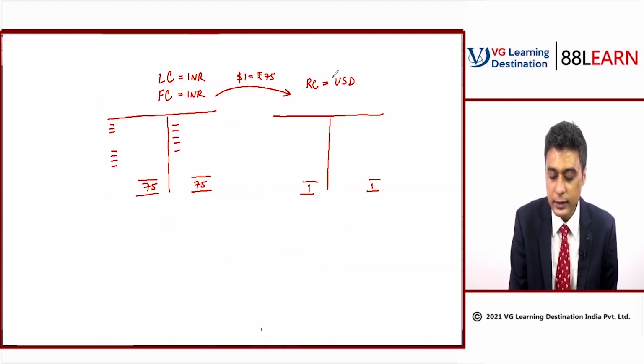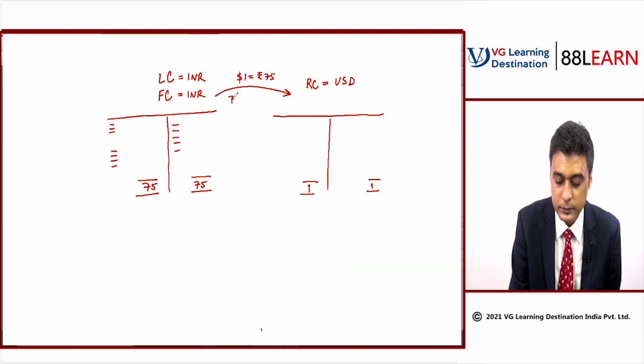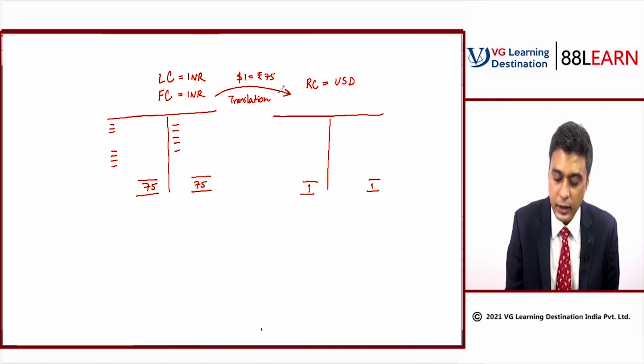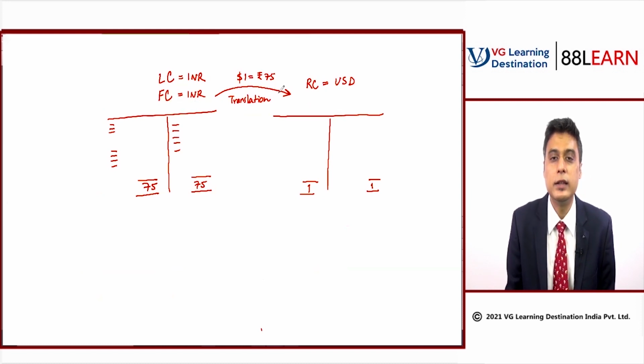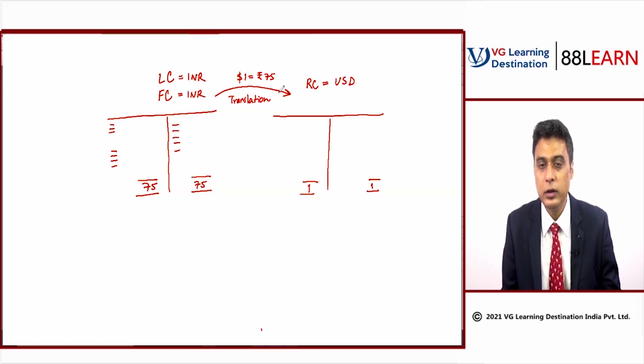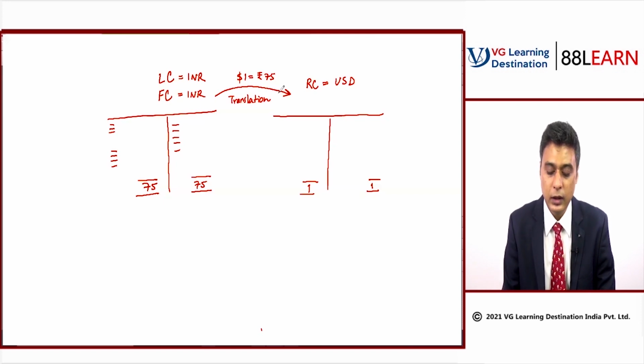That means in this example, if we are going from INR, which is the local as well as the functional, to reporting USD, we are using the translation method. And therefore, we will have to follow the rules of the translation method. We will look at the rules in just a moment, but this is the overview that you need to understand before we go further.